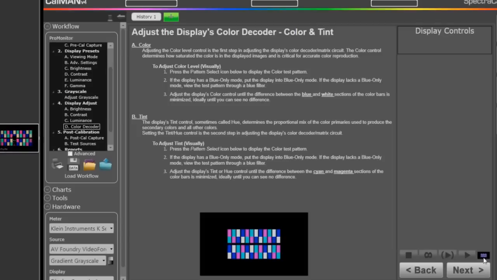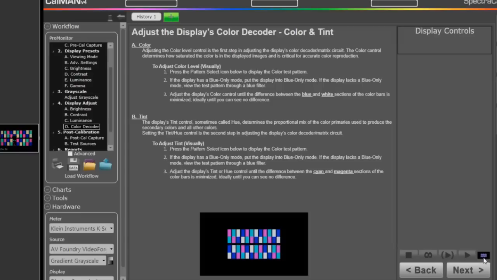Those 75% blue and 75% white bars should look the same intensity when either viewed through a blue filter or when viewed together by turning on the blue-only mode that some displays have. This display does not include that capability.